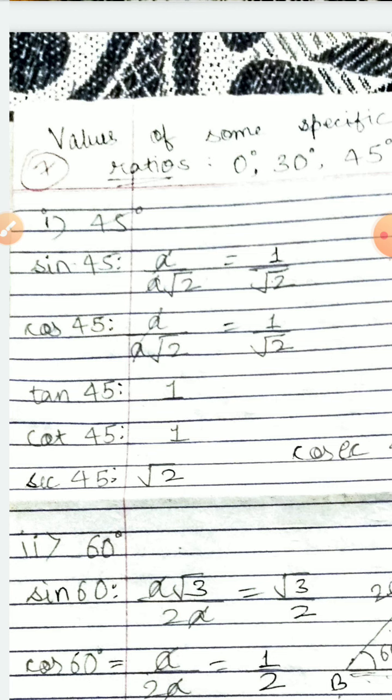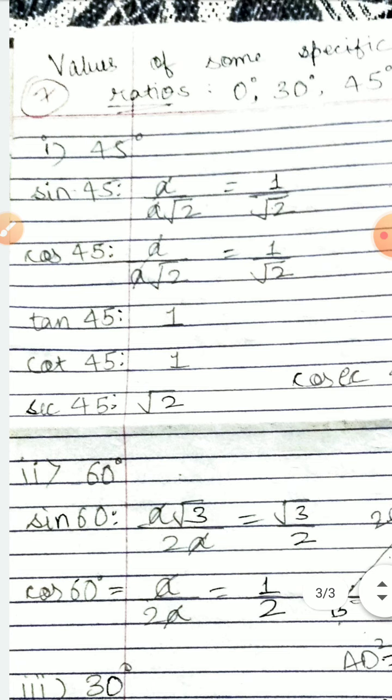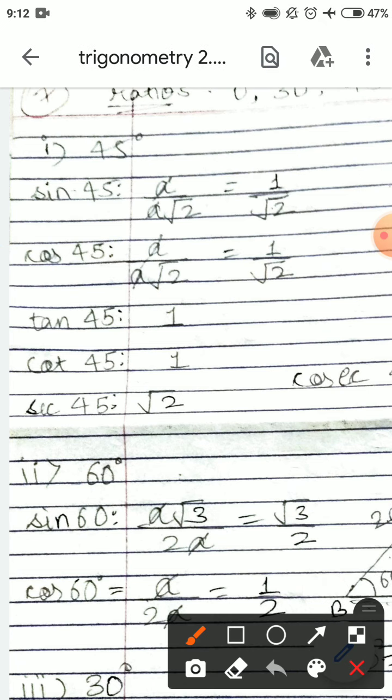Cot 45 is the multiplicative inverse of tan 45. So 1 upon tan 45 will be equal to 1 upon 1, that is equal to 1. In the same way, sec theta is the multiplicative inverse of cos theta, right? So sec 45 can be written as 1 upon cos 45, right?